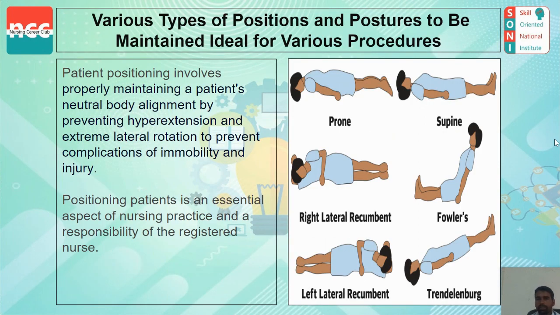Various types of positions and postures are maintained, ideal for various procedures. Patient positioning involves properly maintaining a patient's neutral body alignment by preventing hyperextension and extreme lateral rotation, to prevent complications of immobility and injury.